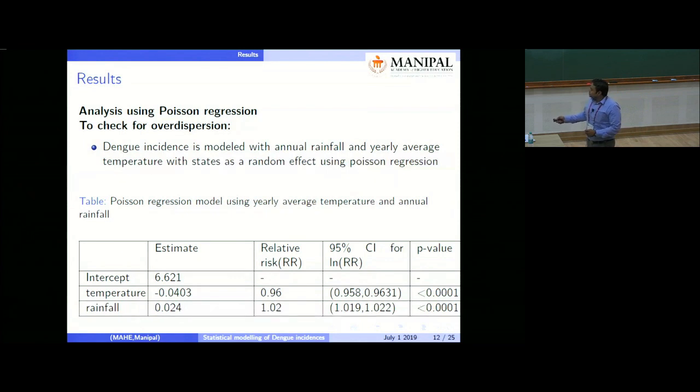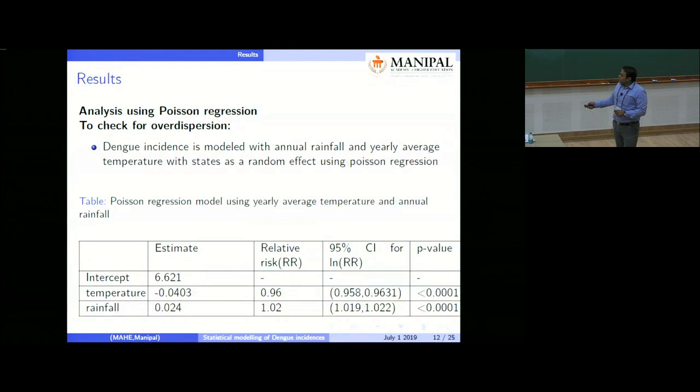Here you can see for temperature, relative risk is less than 1. So the interpretation is, as the temperature increases by 1 degree Celsius, the risk of dengue reduces by 4%, that is, (1 minus relative risk) times 100. Similarly, as the rainfall increases by 1 millimeter, the risk of dengue increases by (RR minus 1) times 100, that is 2%.